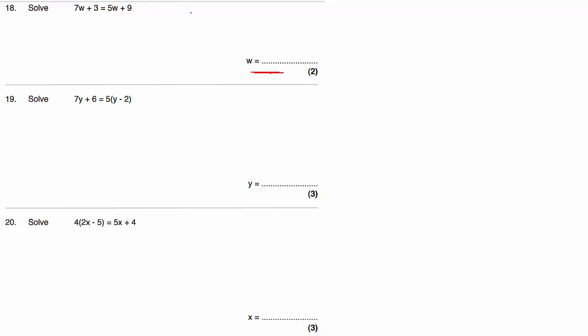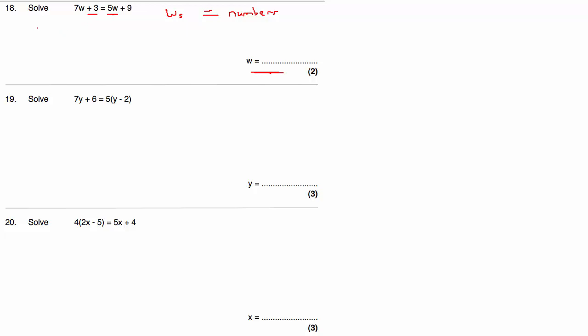So to get there, I'm going to start off by trying to get all the W terms on the left-hand side of the equal sign, and then try and get just numbers on the right hand side. So to achieve that, I need to get rid of the W on the right hand side and the +3 on the left hand side.